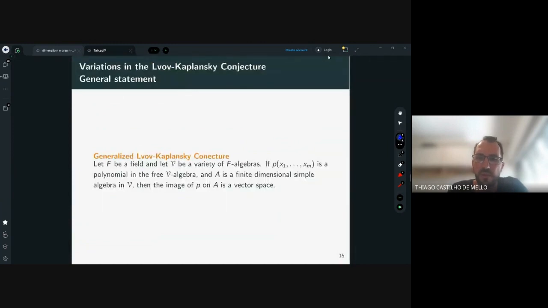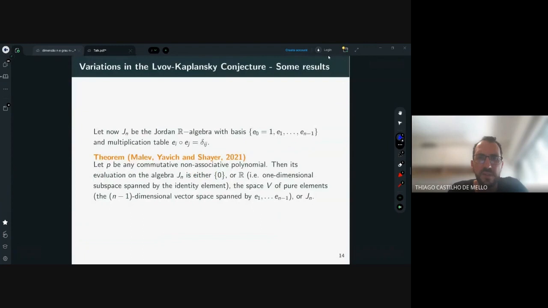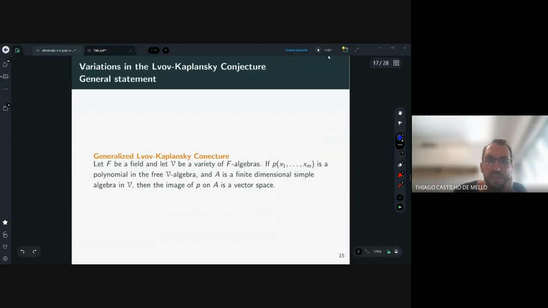Okay, and we can see that the case of simple algebra seems to be the case where the conjecture, the variations of this conjecture, are valid. So we have this generalized Lvov-Kaplansky conjecture that says that if F is a field and V is a variety of F algebras, a polynomial P must be multilinear.